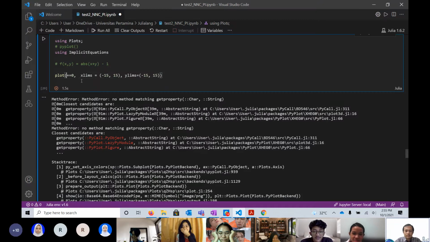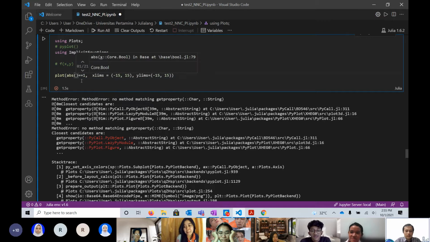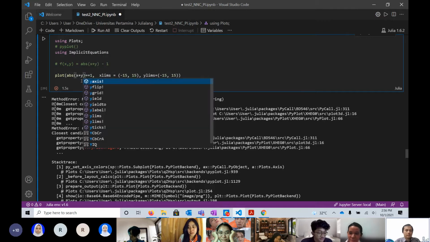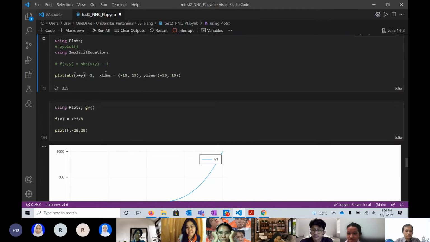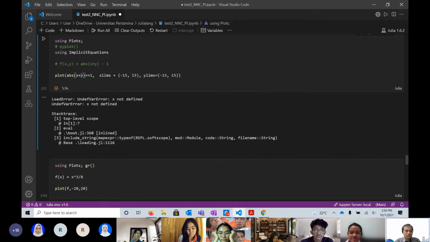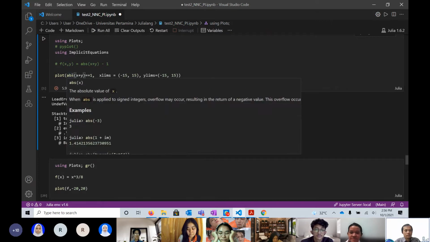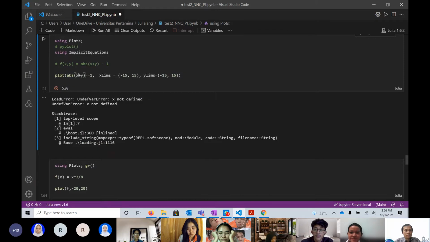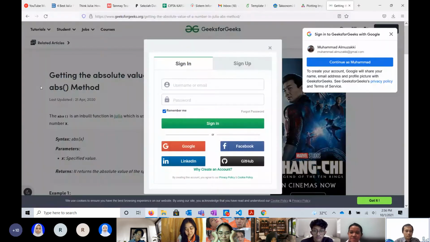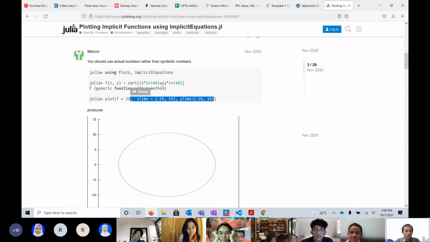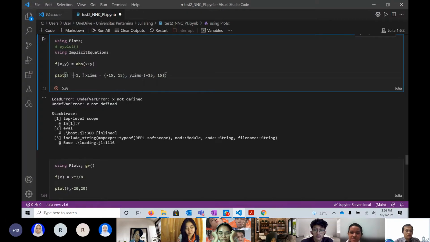Okay, so absolute of x plus y equals to 1.